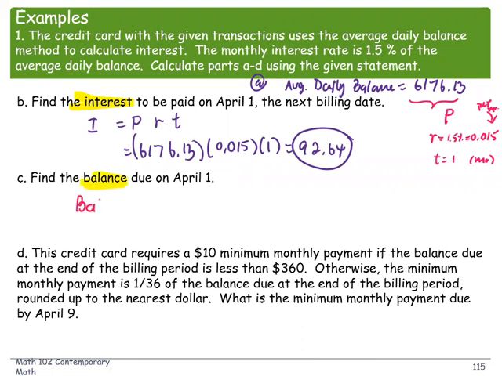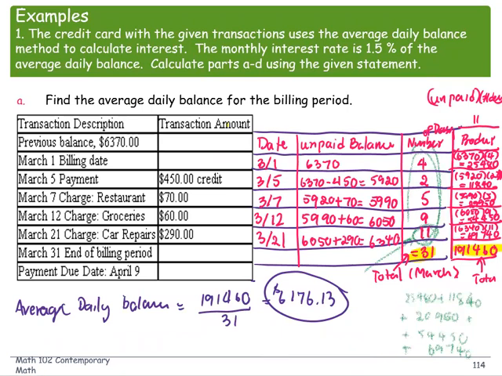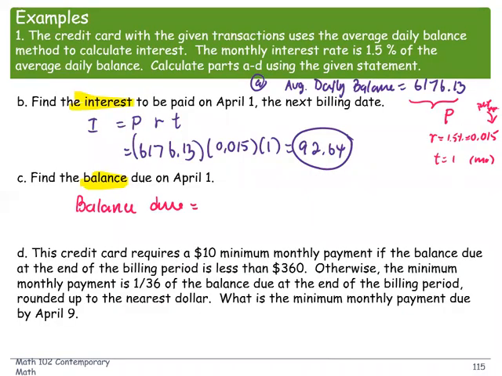And after that, we're going to use it to compute the balance due. The balance due is going to be the number at the end of the table, which is 6340. So 6340 plus the interest, which is 92.64.